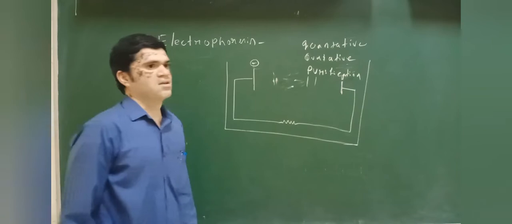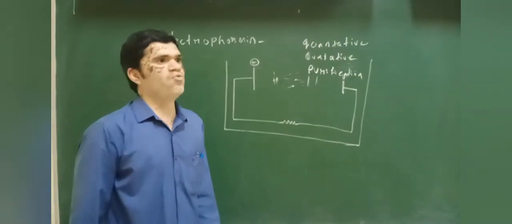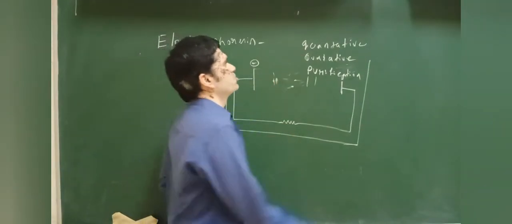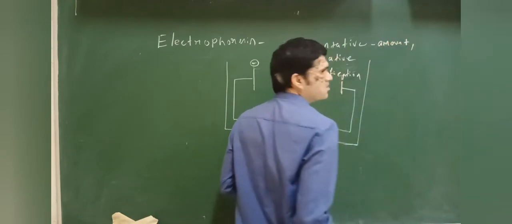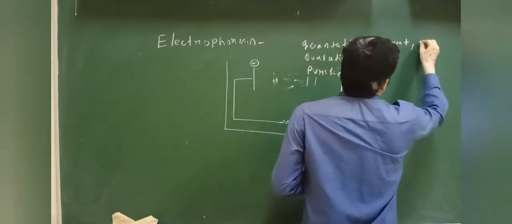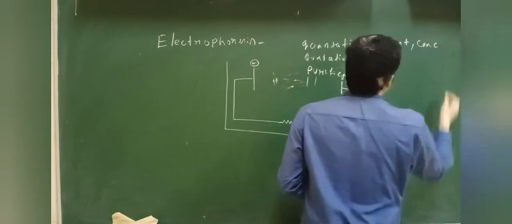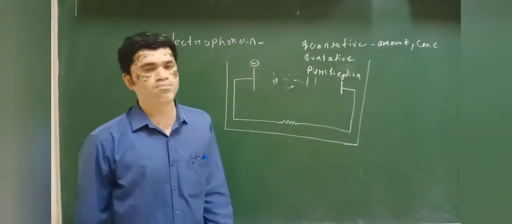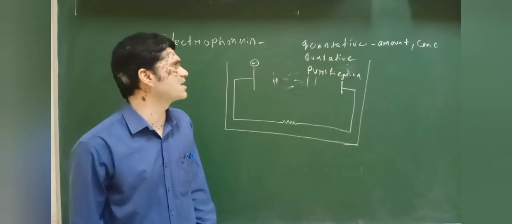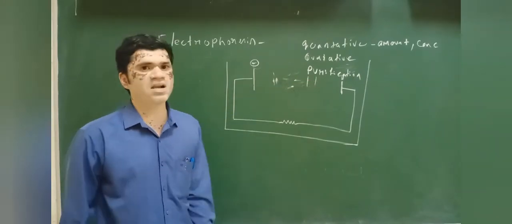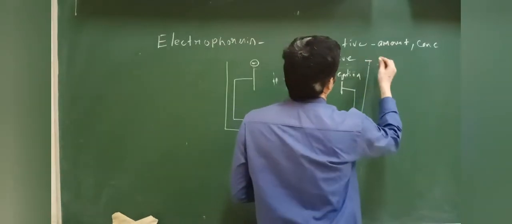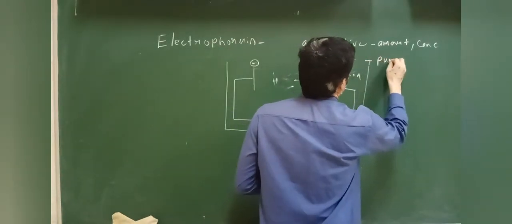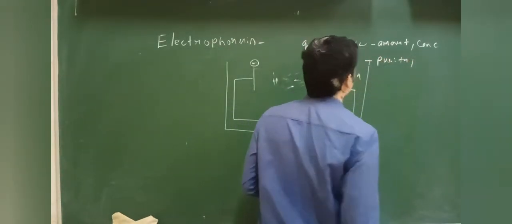In quantitative analysis we can measure the amount of material present, the concentration of biomolecules like DNA, RNA, protein, etc. In qualitative analysis, we can find the purity of the sample.